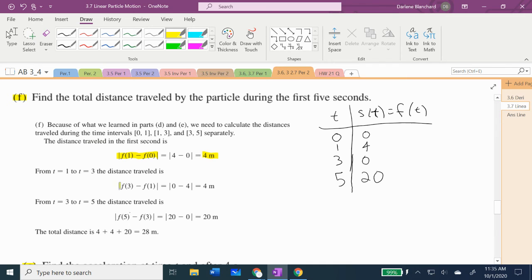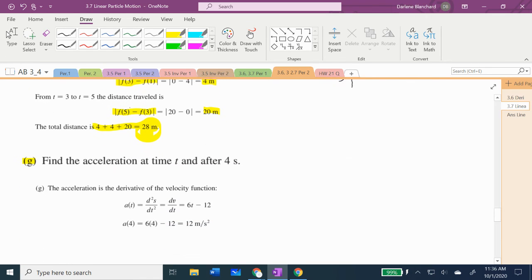And then from time 1 to time 3, while I traveled in the negative direction, I went how far? And then from time 3 to time 5, how far did I travel? Subtract the positions and you get how far you traveled. And then you add them up and voila, 28 is the total distance traveled.